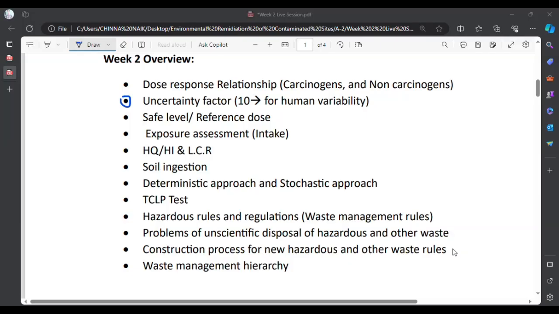Just small numerical questions, not complicated ones. Okay, are you able to see the PDF, right?